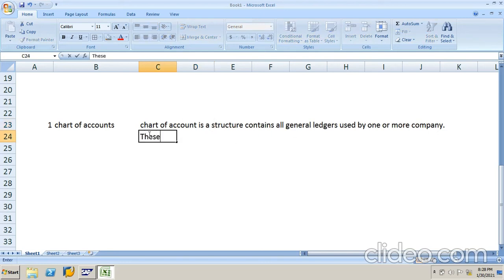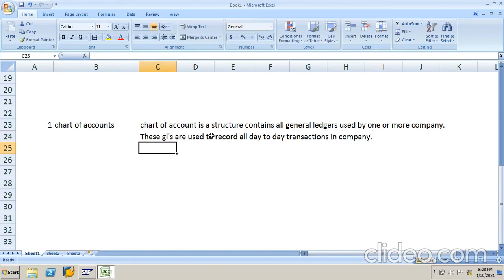So these GLs are used to record all day-to-day transaction in company. Chart of accounts means it is a structure. This structure contains list of general ledger.